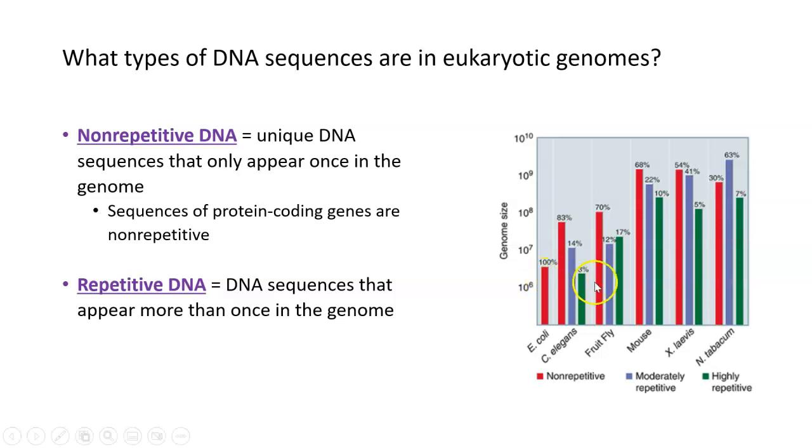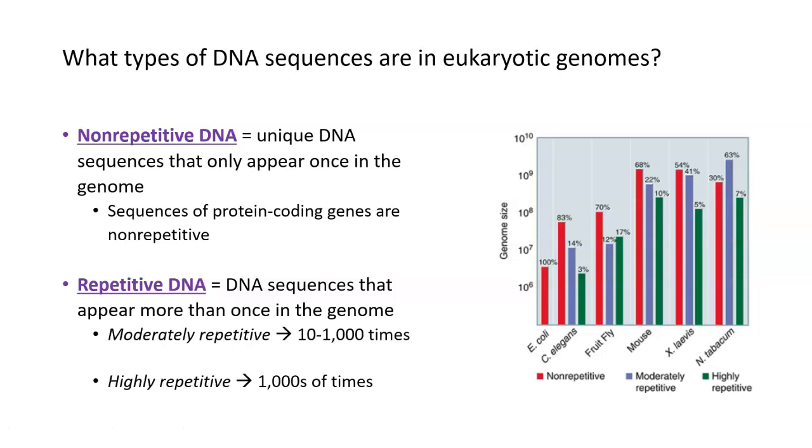And as we get more complicated in organisms, what we notice is that now all of a sudden that non-repetitive DNA percentage goes down as the organisms increase in complexity. And we see more and more of that repetitive DNA in all these organisms here.